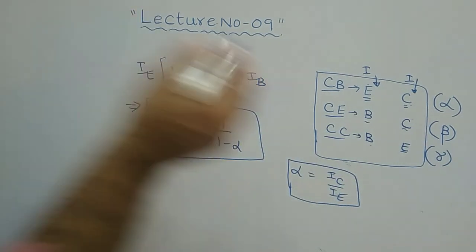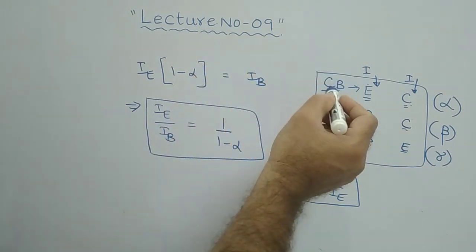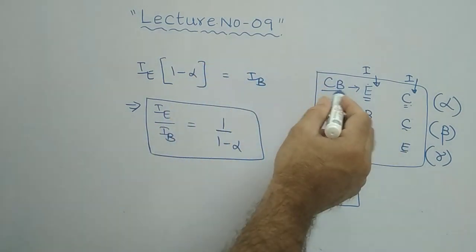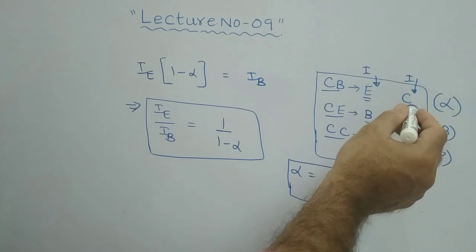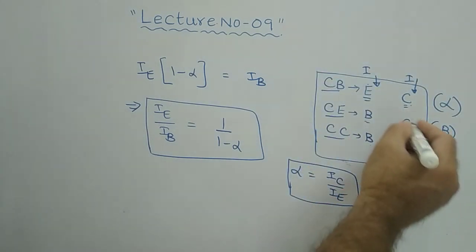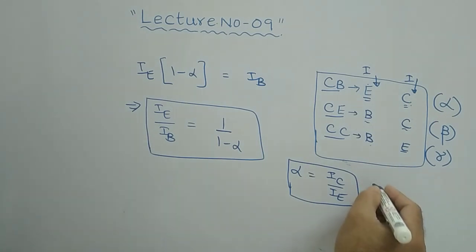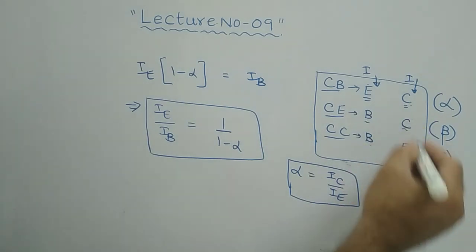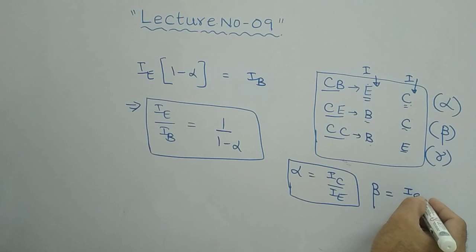Clear? In common base, the base is common, therefore the emitter is input and collector is output, so output current by input current, IC by IE, is alpha. Similarly in the CE configuration, beta is the current gain, IC by IB.